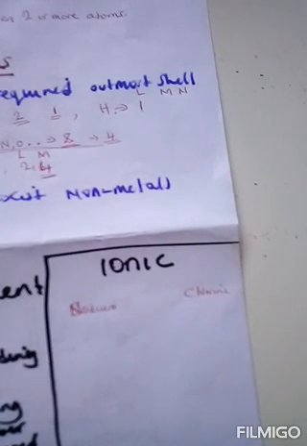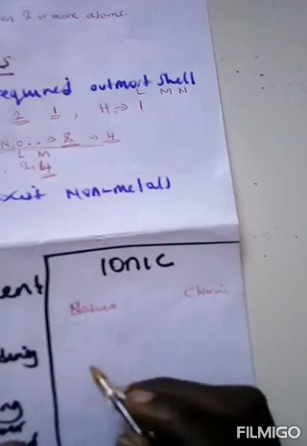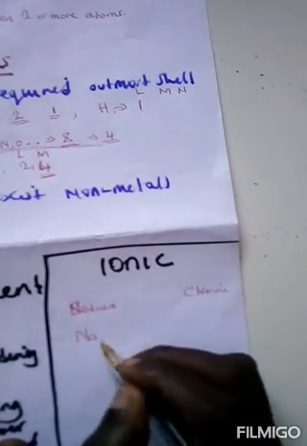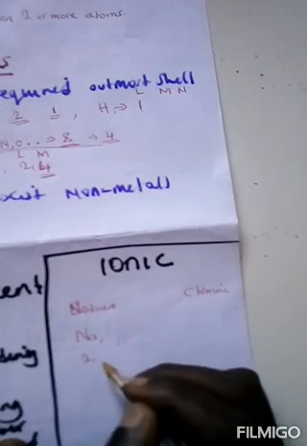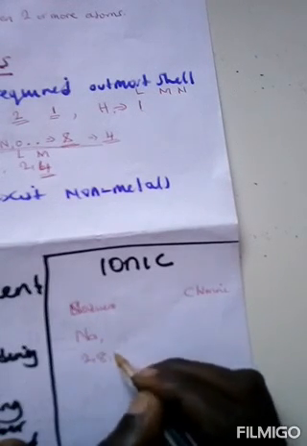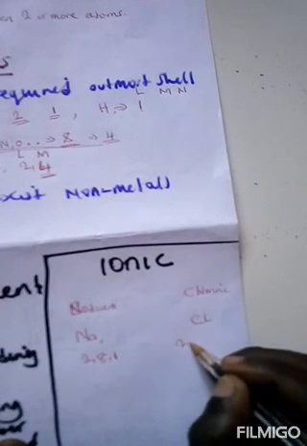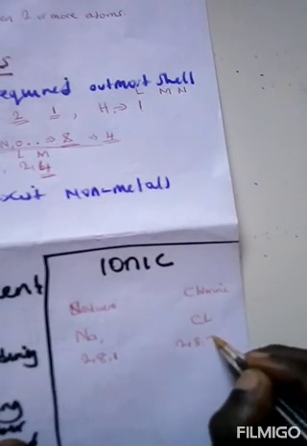So let's say sodium wants to marry chlorine. Sodium will lose electrons, then chlorine will gain electrons. So what is going to happen is that we have sodium with its electronic configuration of 2,8,1, and chlorine with the electronic configuration 2,8,7.